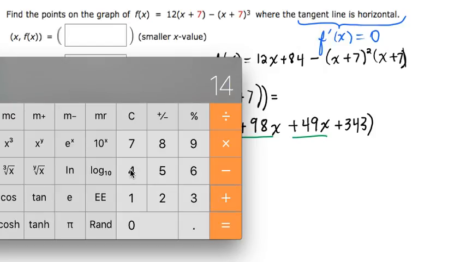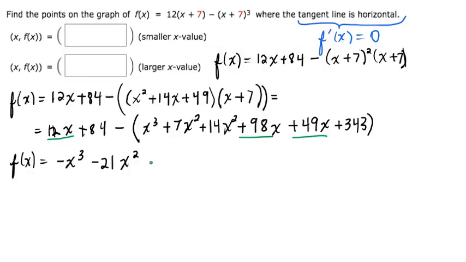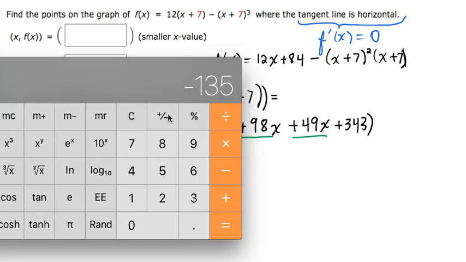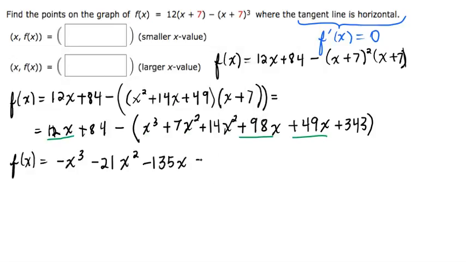So we get negative 135x. And then the constants, we have 84 minus 343. Comes to negative 259.